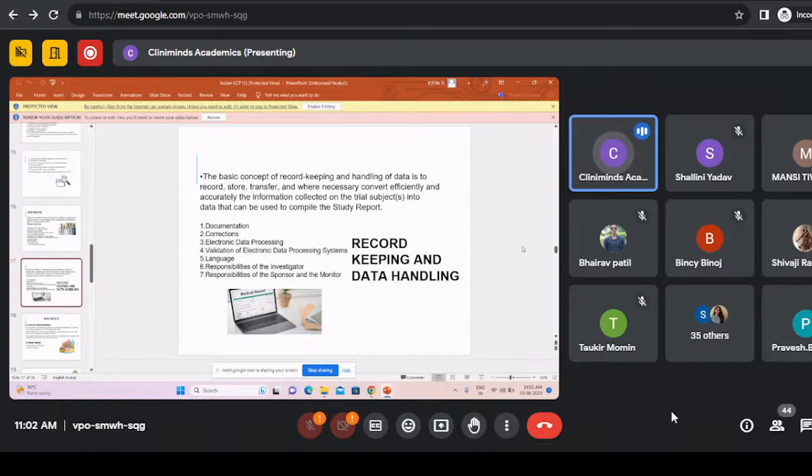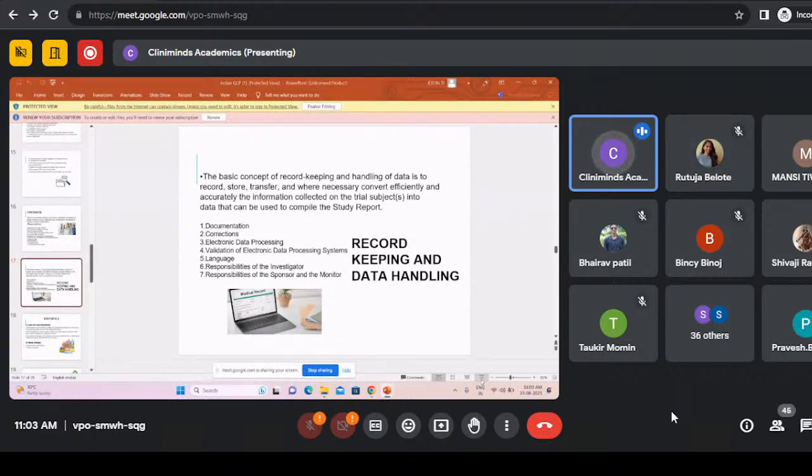It will automatically record that this person changed the data, and the system will also record the date and time. Understood? So that is how we do any corrections in the documentation. Clear? Yes, ma'am.